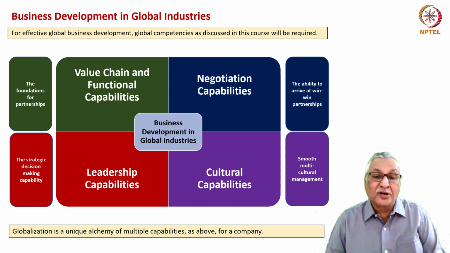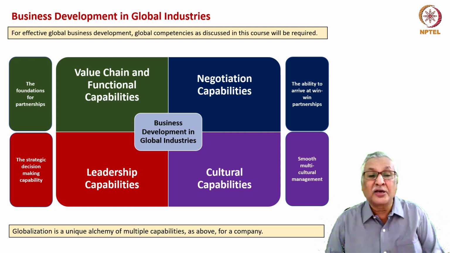There is a fruitful collaboration between Biological E and a Canadian vaccine manufacturer for supply of vaccines for the COVID-19 pandemic. The DNA plasmid vaccine has been developed for the first time by the Zydus Cadila group and that is capable of being licensed globally.